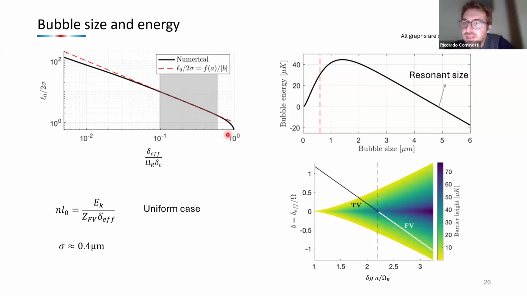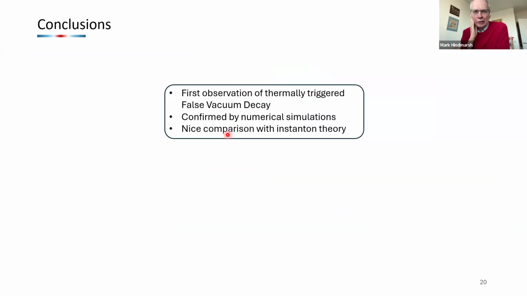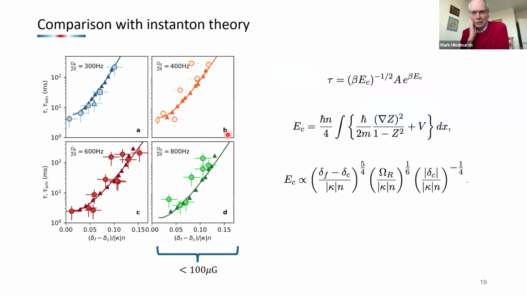Can I have a second question? Yes, of course. You showed that you got a nice fit with the thermal activation, but did you try vacuum decay, the vacuum version, and get a bad fit? Yes, we did, and it doesn't fit the data very well.